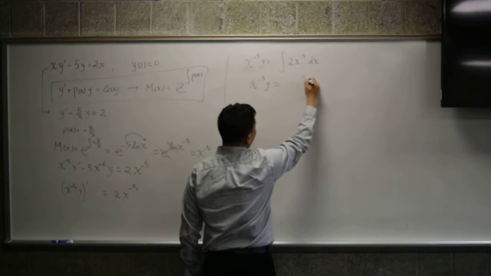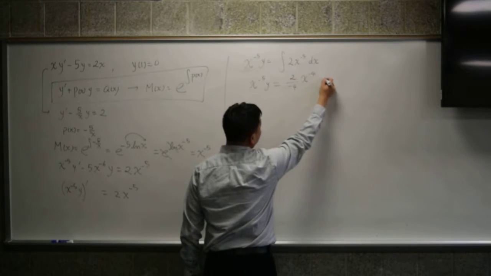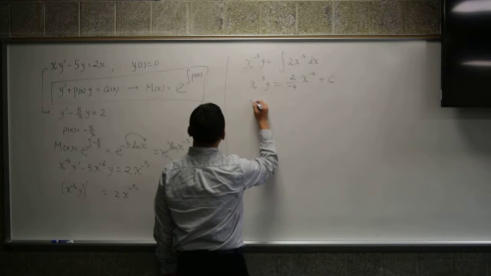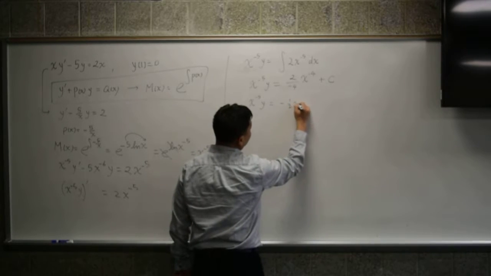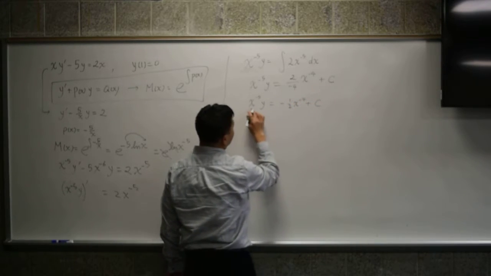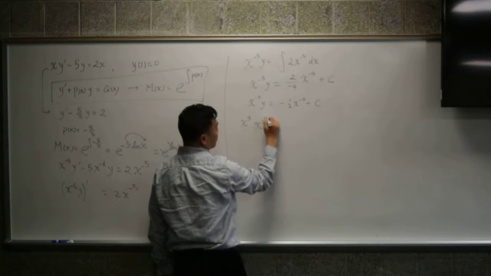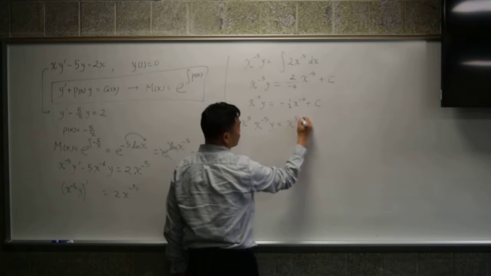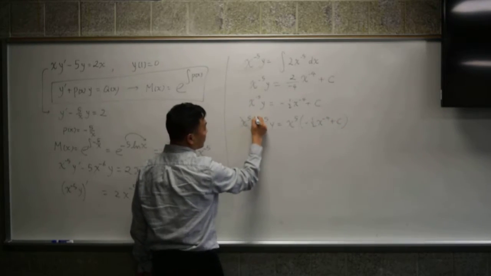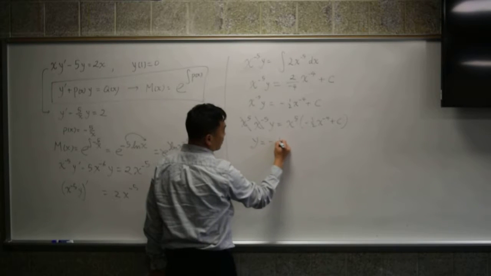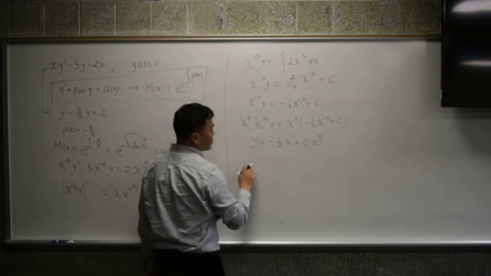Let's see, you have to add 1 to the exponent and put the reciprocal in front, you have to put plus c, and then x to the negative 5 y is negative 1/2 x to the negative 4 plus c, and then you multiply by x to the 5th power both sides to get rid of x to the negative 5. They cancel and you get y equals negative 1/2 x to the 1st power plus c times x to the 5th power. You're almost there.